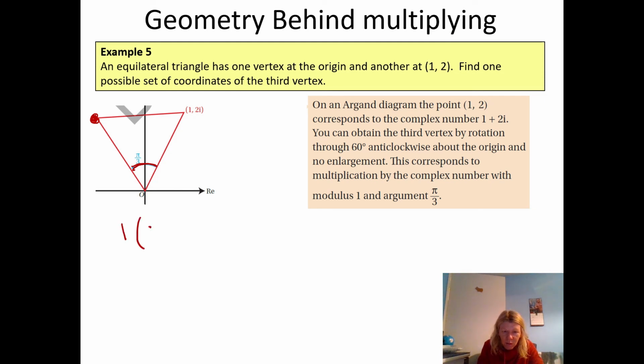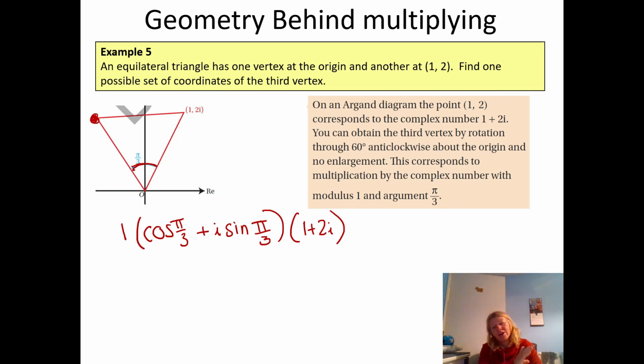Let's write it in polar form. That's it, isn't it? So that's what we're going to times 1 plus 2i by. Remember, timesing by a complex number rotates it anti-clockwise.